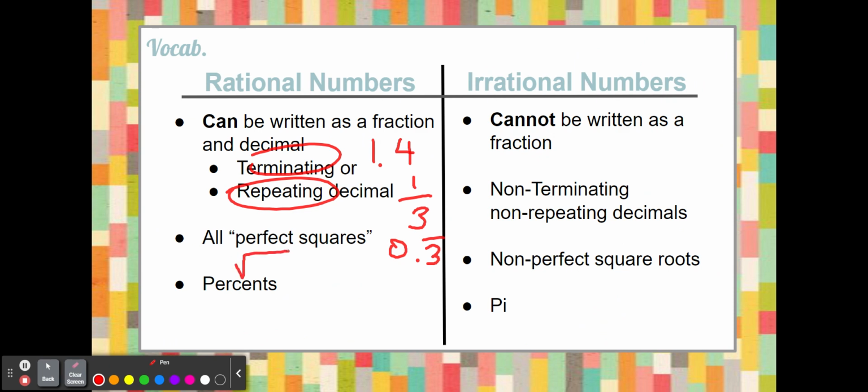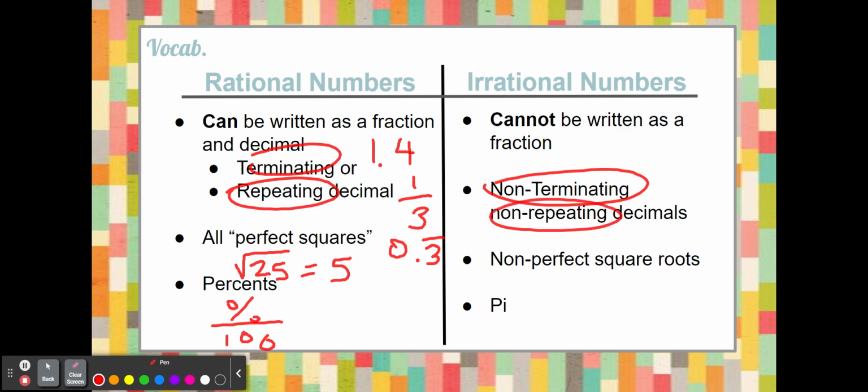Perfect squares, that would be something like the square root of 25 because it equals a whole number. Percents, which are also out of 100, could be written as a fraction, and then it will be a terminating decimal.